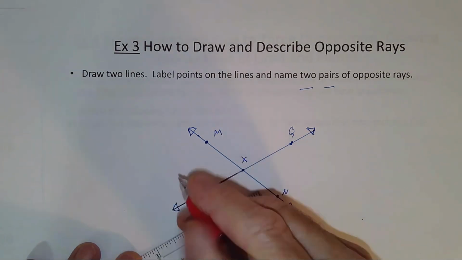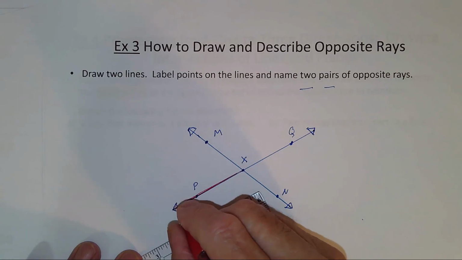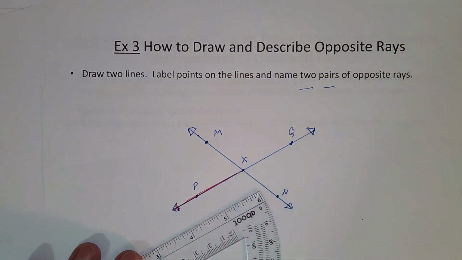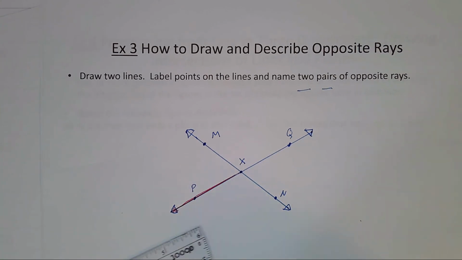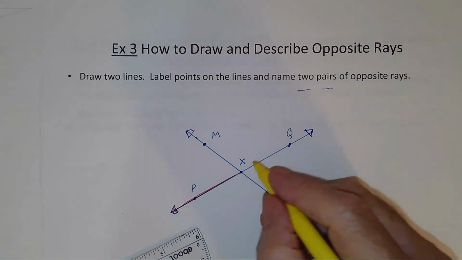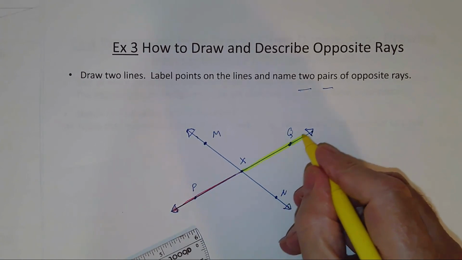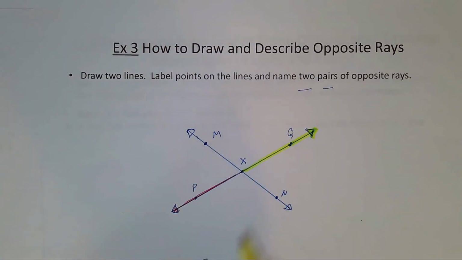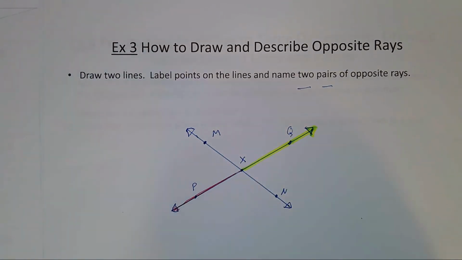All right? And then I got another ray that goes in the opposite direction. I'm just going to highlight it. And it goes from X to Q and out, right? So what would we call this? We'd call this XP. So this would be ray XP.